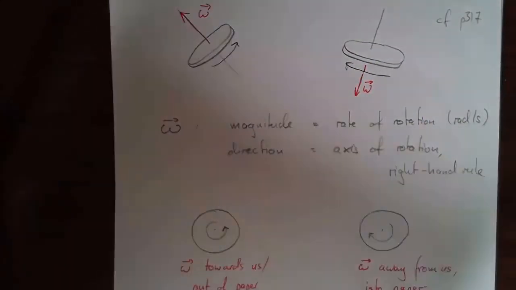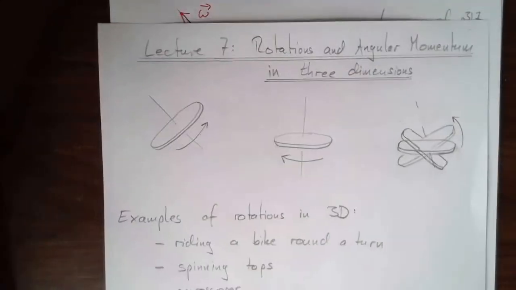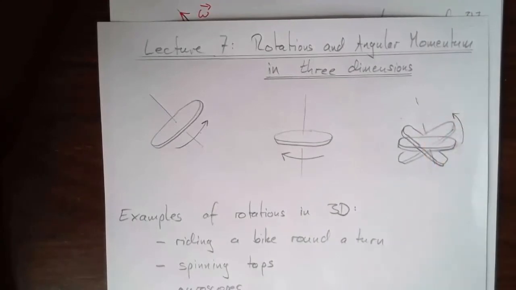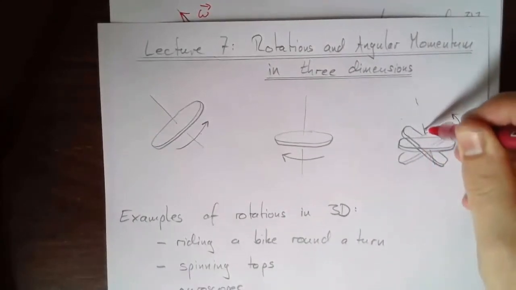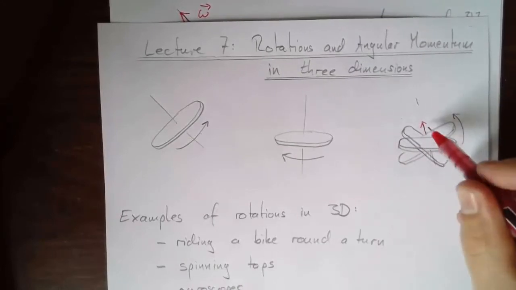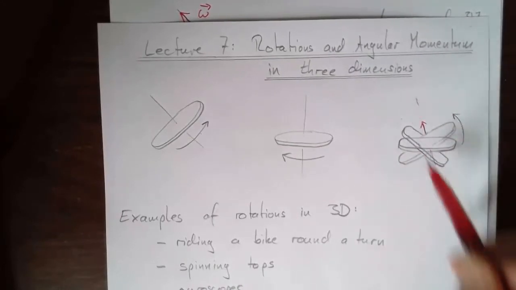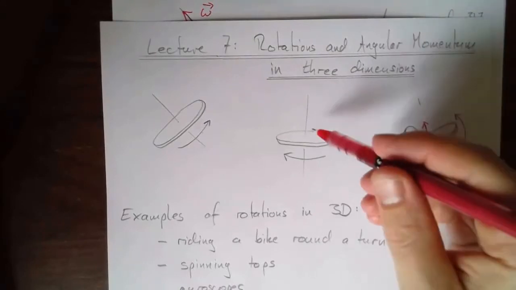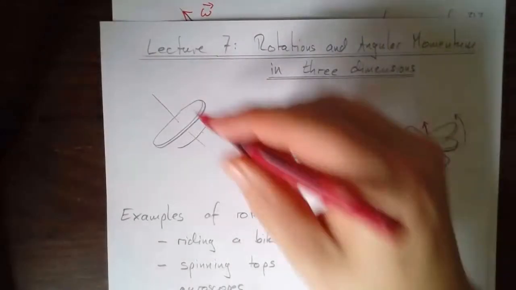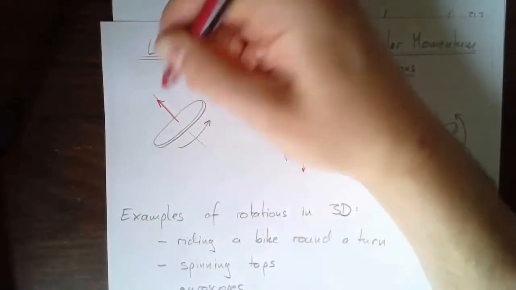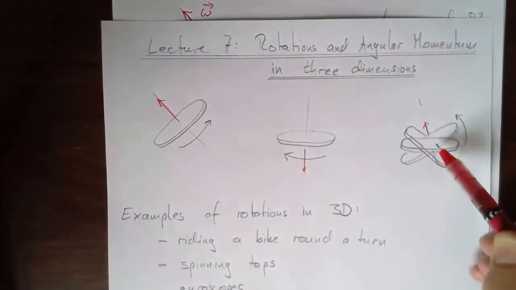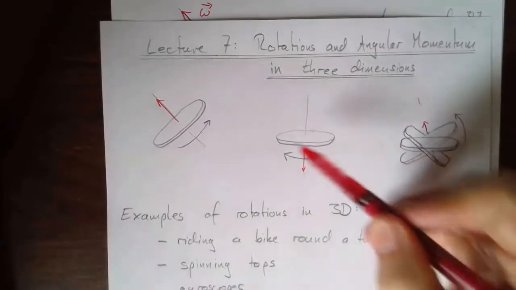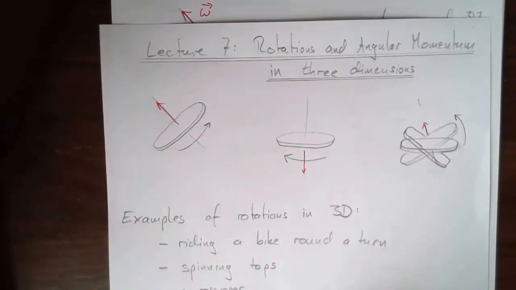So if I go back to what I had before, if this was spinning this way, then the angular momentum would point backwards into the page, whereas here it would point down, and here it would point this way. So this is kind of example similar to what I've just drawn. In this case here, the axis is not through the center, that's okay.